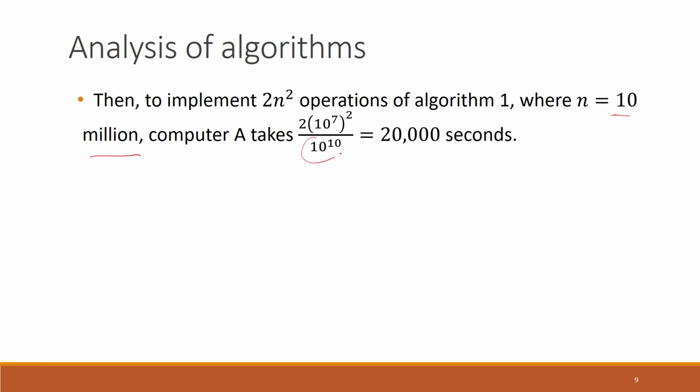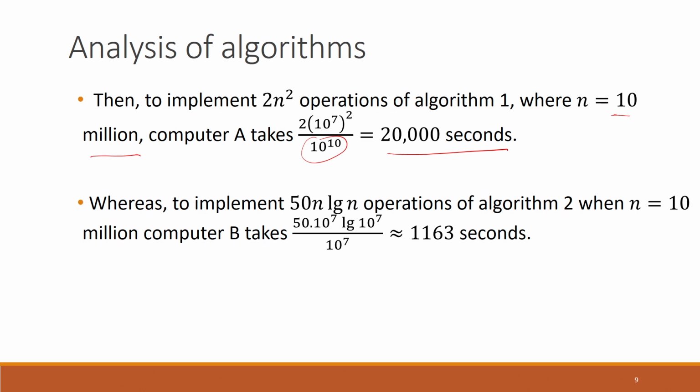This is the number of operations that computer A can solve in 1 second. So, this is the amount of time it will take to run algorithm 1 on computer A. Similarly, keeping n the same, let us determine how much time algorithm 2 will take if it is run on computer B.